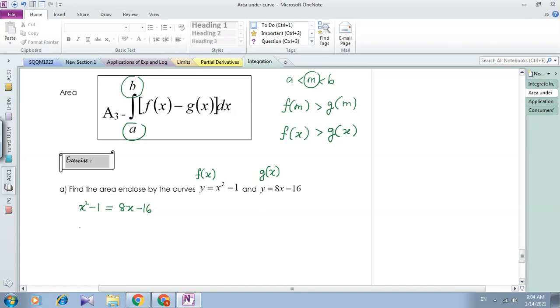How to solve this? x squared minus 8x minus 1 plus 16 equals 0. Now you can factor this equation. Let me simplify this further: x squared minus 8x plus 15.